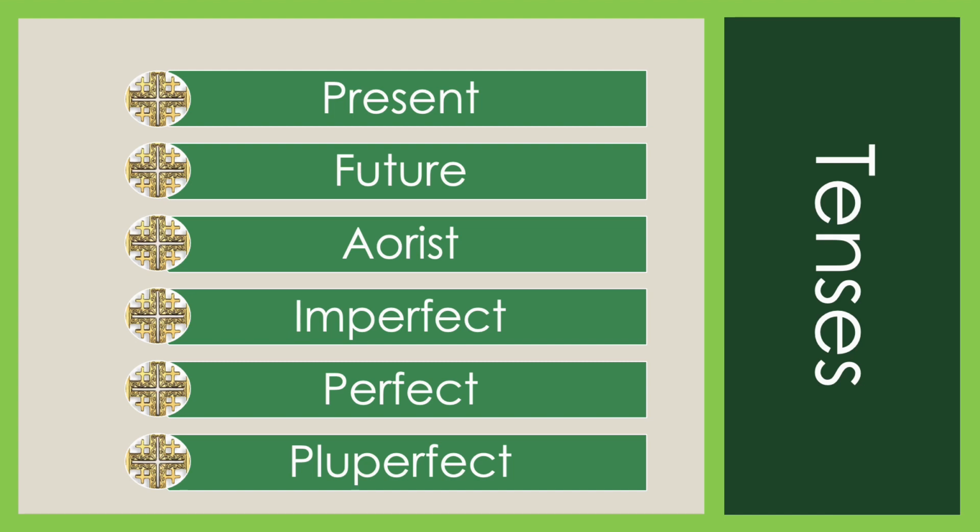The imperfect is something that started in the past and is still happening. The perfect is something that happened in the past and has been completed. The pluperfect is basically something that happened before those other past tenses, perfect and imperfect and aorist.